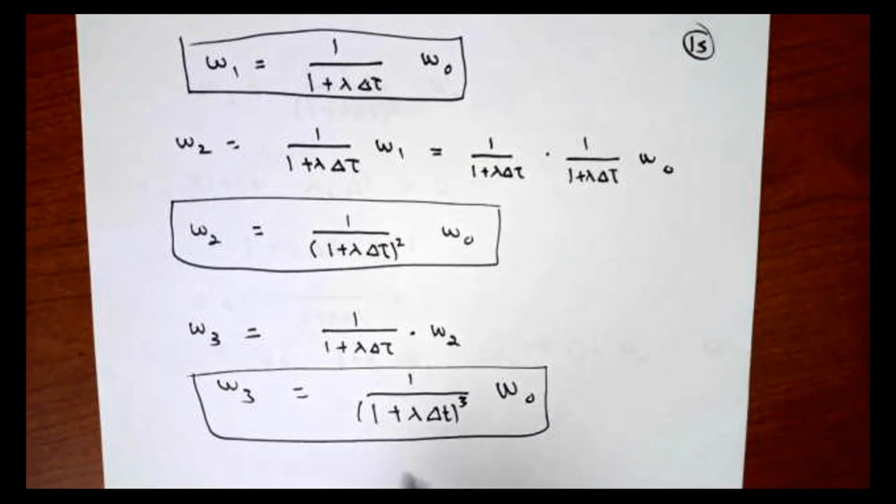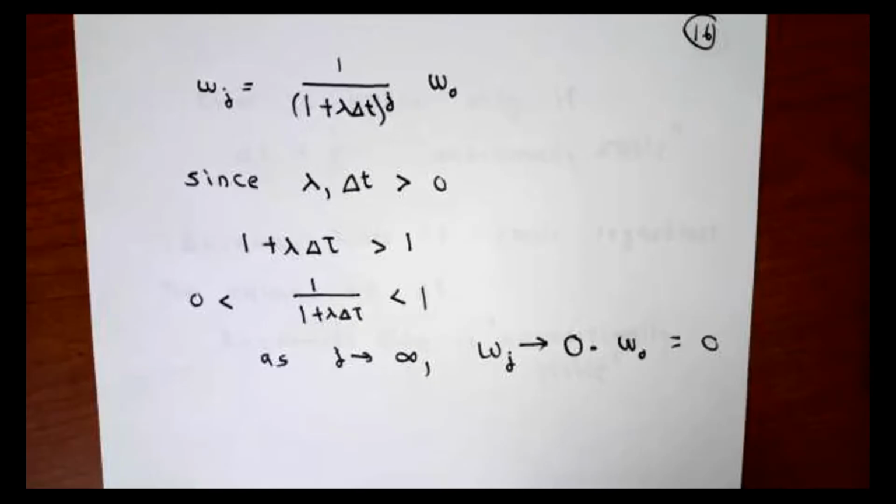W3 is pretty much what you would expect it to be. We have a pattern here that's basically the same sort of pattern as we had for regular Euler. So the approximation given by backwards Euler for time step j is going to be 1 over the j power of 1 plus lambda delta t, all multiplied by W0.